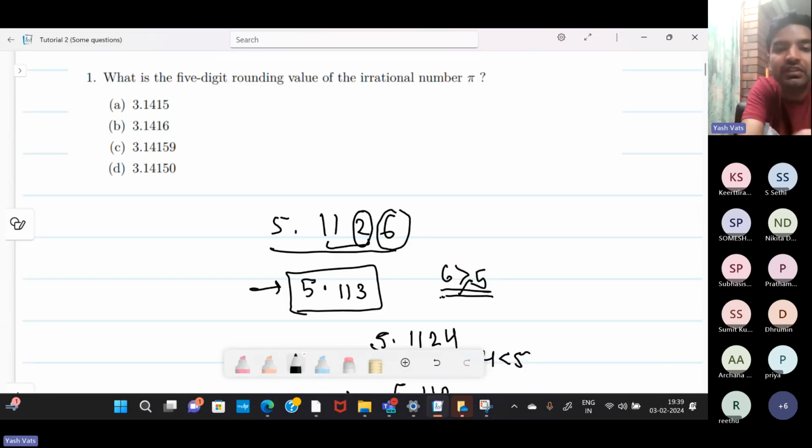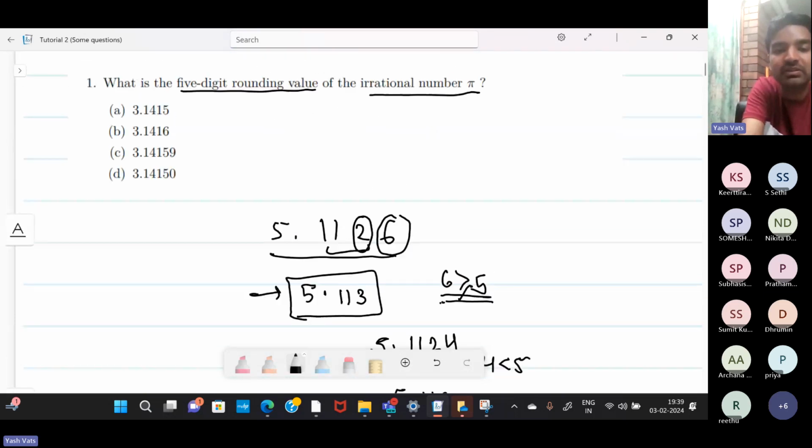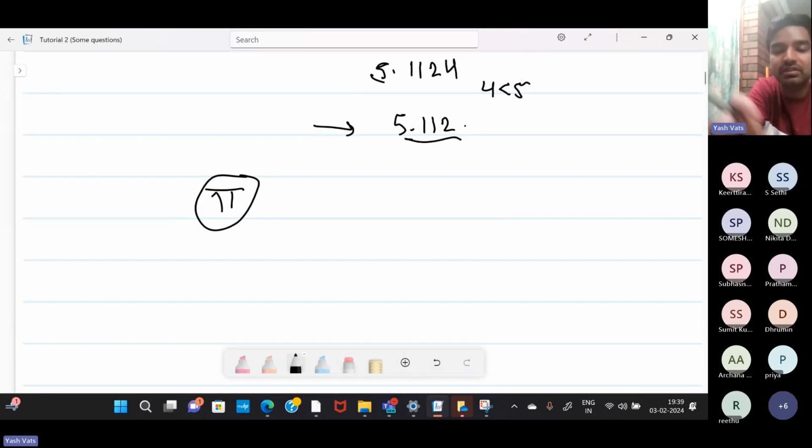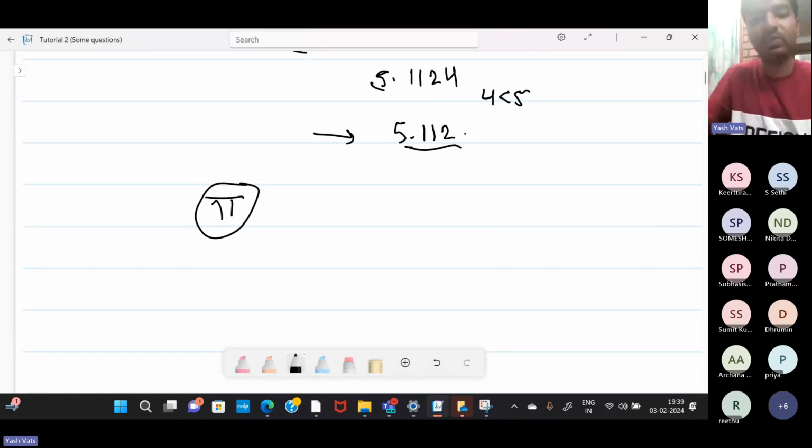So, the 5-digit rounding value of the irrational number pi. What should be the answer of this? Anybody? What is the value of pi up to 6 decimal places?